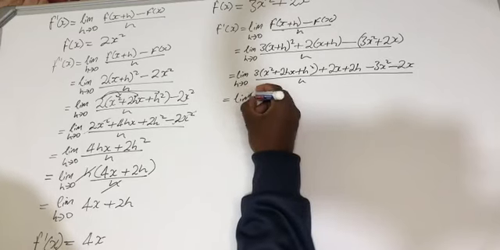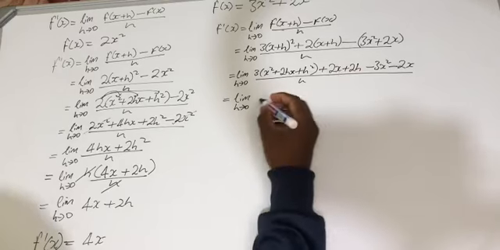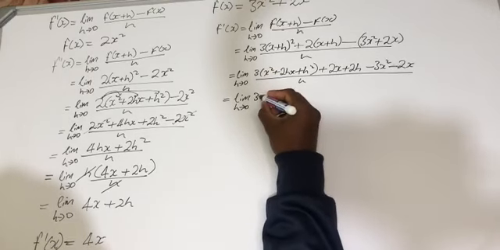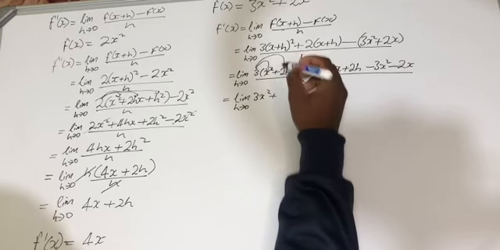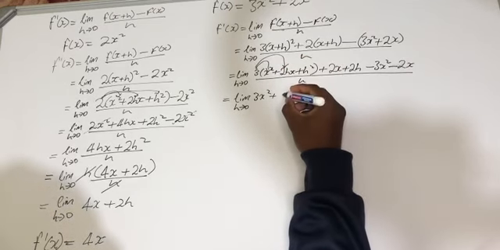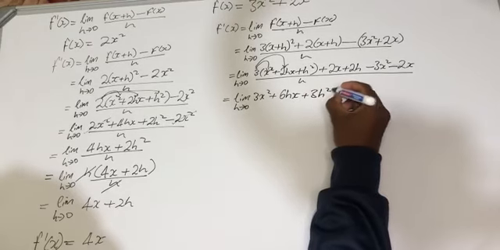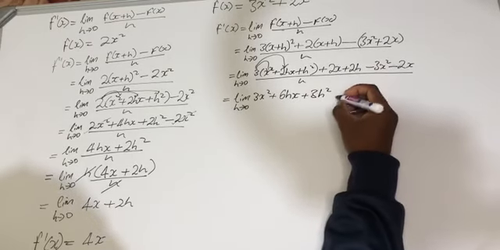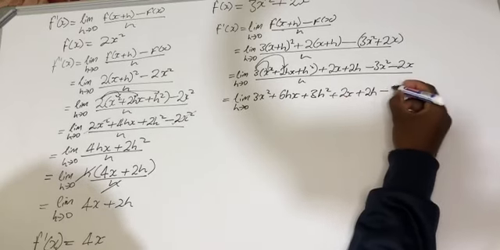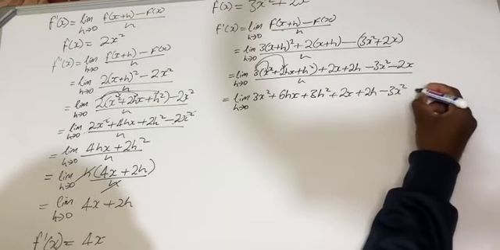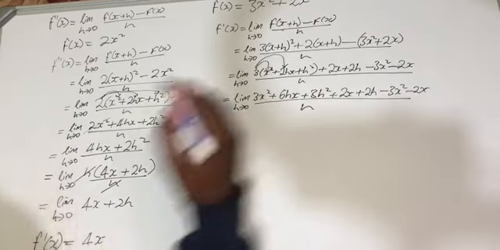So you have limit as h approaches 0. Then let's distribute the 3 there. So this is going to be 3x squared plus 6hx plus 3h squared, and then plus 2x plus 2h minus 3x squared minus 2x, over h, right?